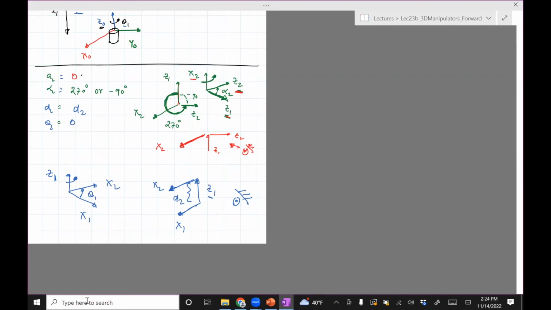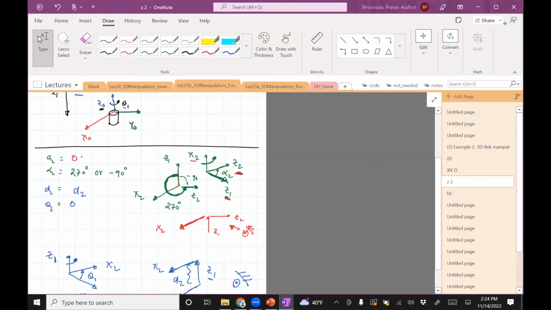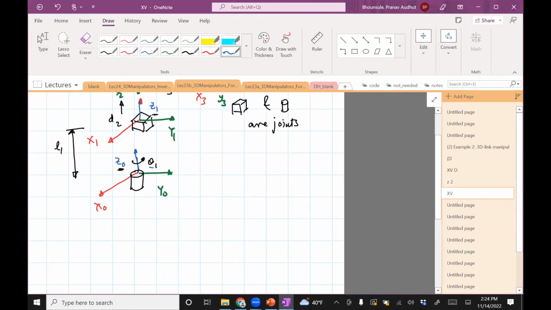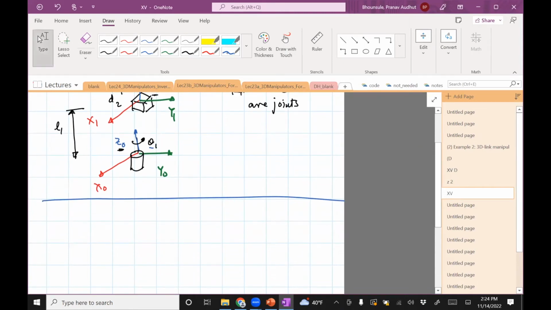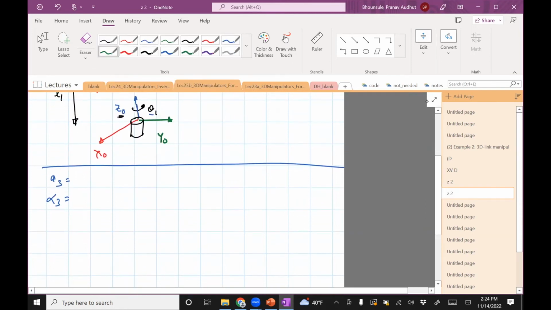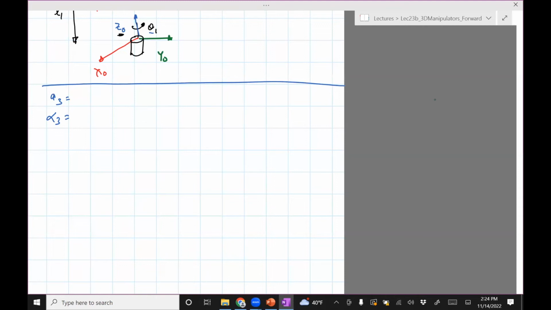Last one is link 3. Let's do that for link 3. Okay, so we want a3, alpha 3, d3, theta 3.